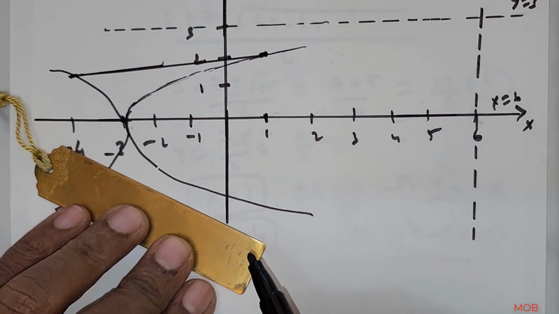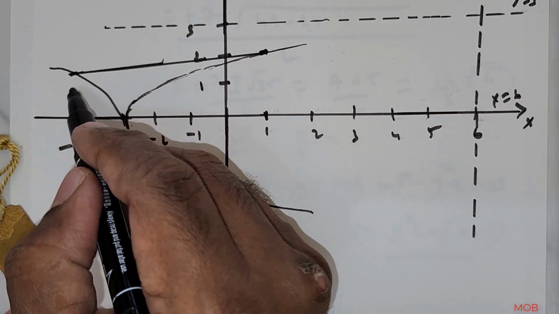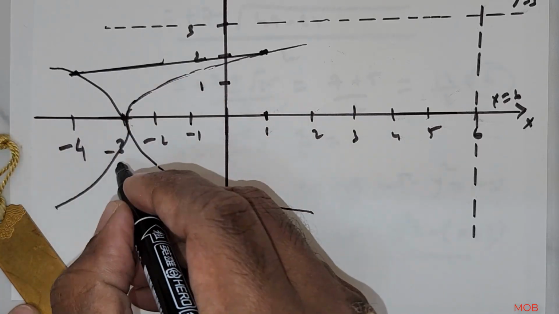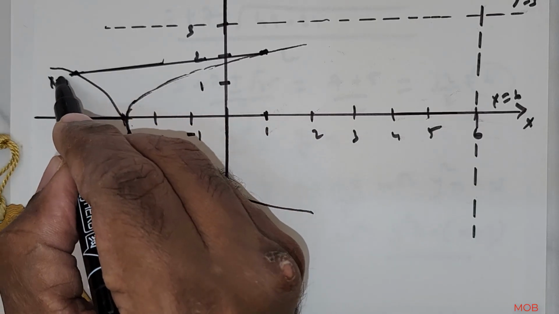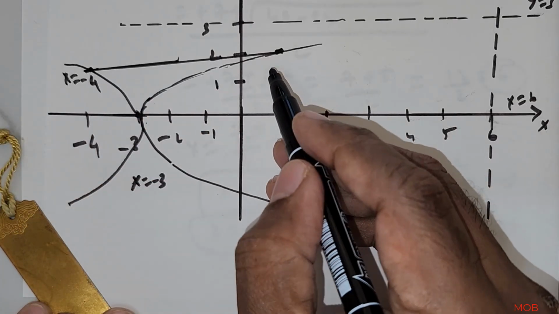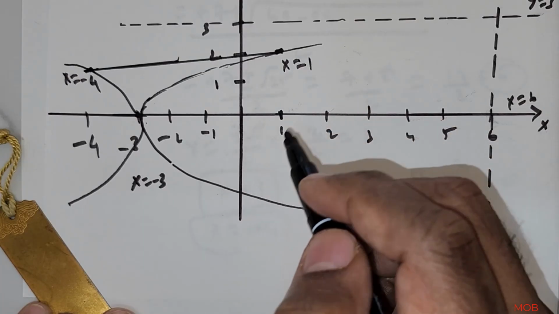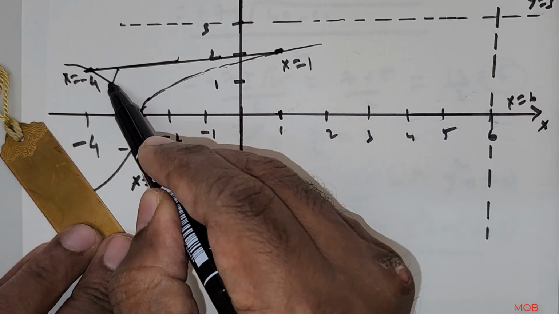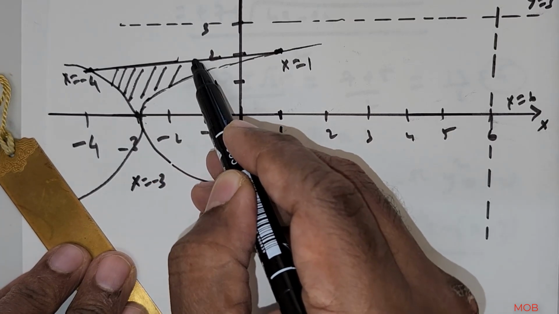Okay, that's an approximate hit. So this is x is equal to -3, x is equal to -4, and x is equal to 1. So these are the 3 points. Now this is the required area. We will have to get this area.